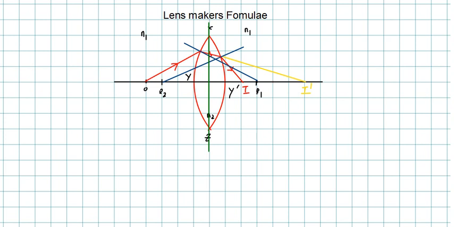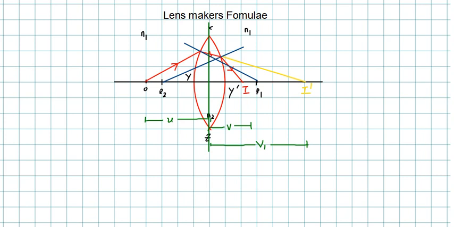The object O is at a distance of u from here. The intermediate image is at a distance of V1, and the final image I is at a distance of V from there.